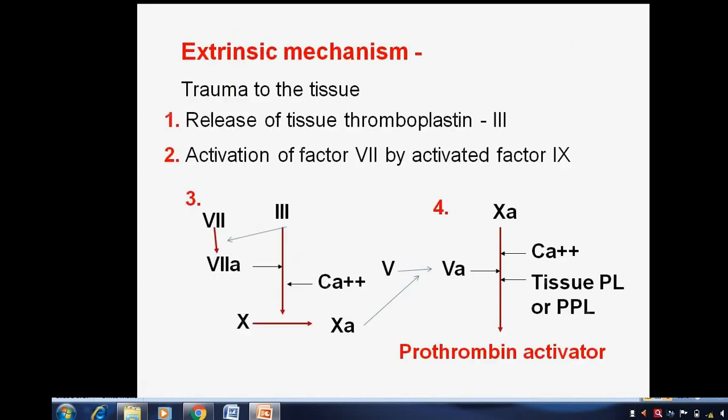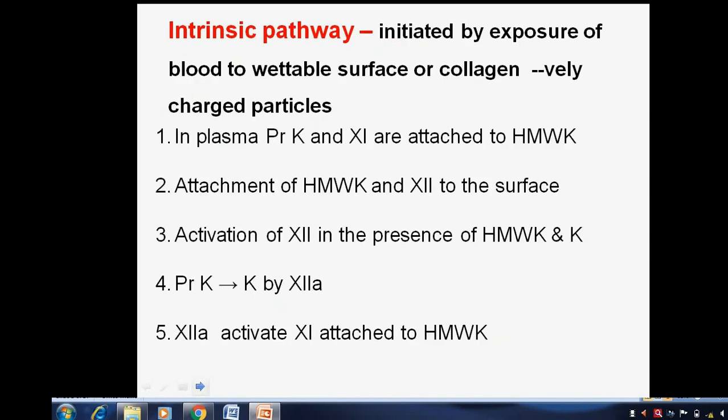This is the schematic presentation of the extrinsic mechanism: trauma to the tissue causes release of tissue thromboplastin 3 and activation of factor 7 by activated factor 9. This is the first step in the extrinsic mechanism. Conversely, the intrinsic pathway is initiated by exposure of blood to a wettable surface or collagen.